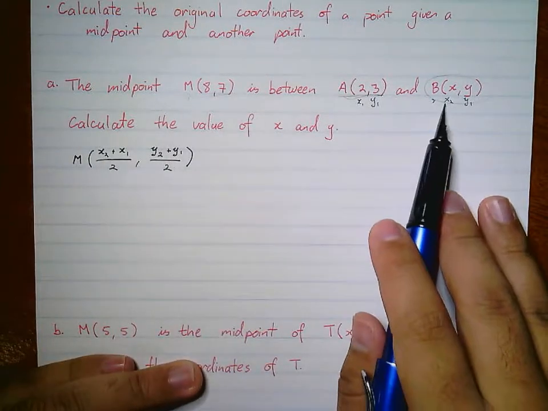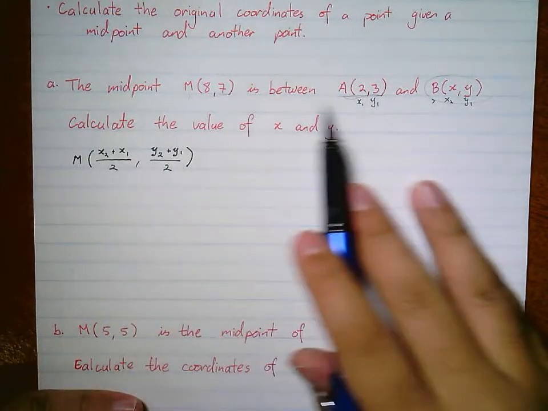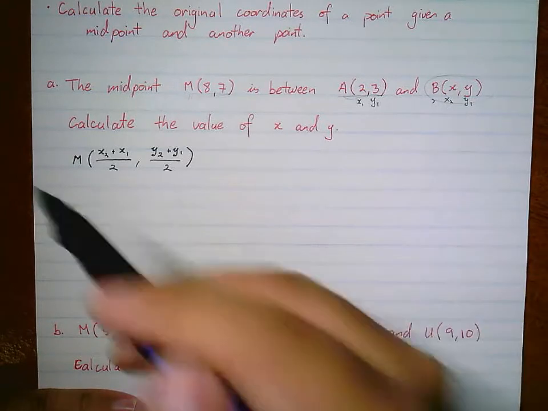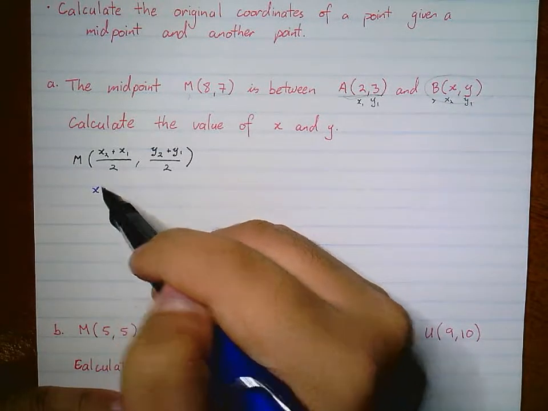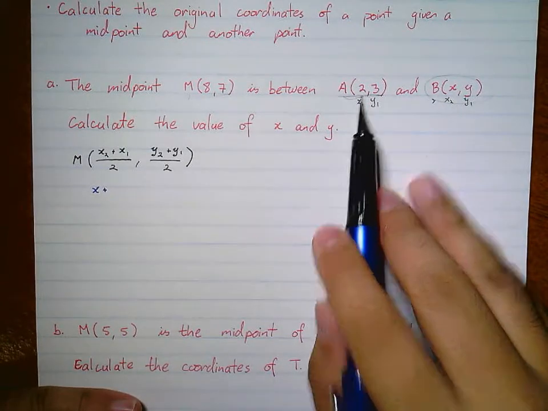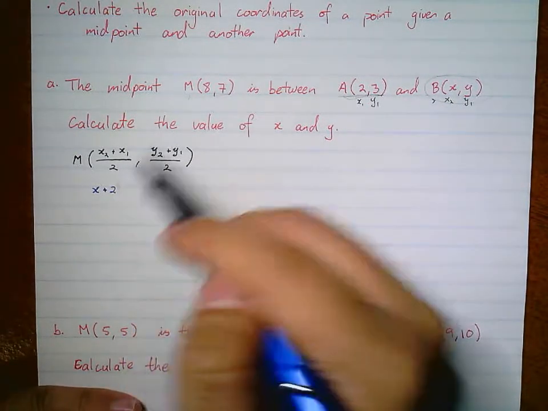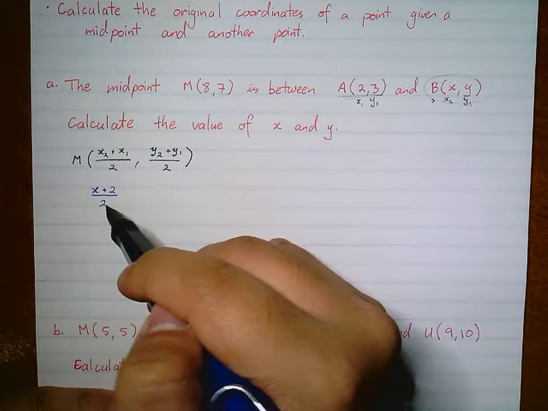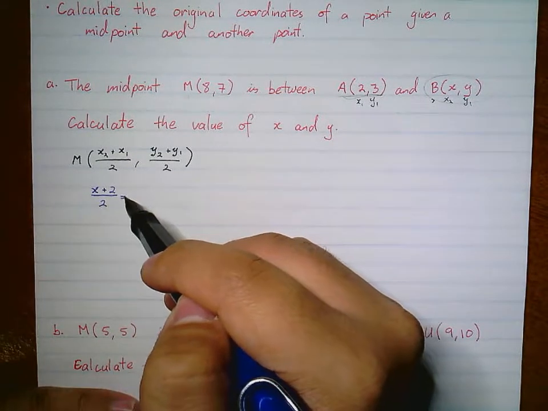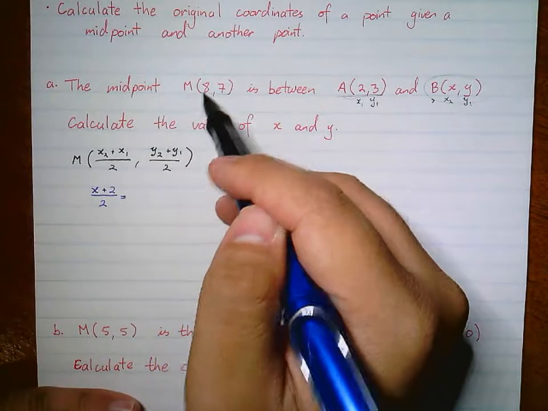See there? Our x2 is still x. We're going to add x1, which is 2 here. We're going to divide this by 2. And this value we know will become 8.